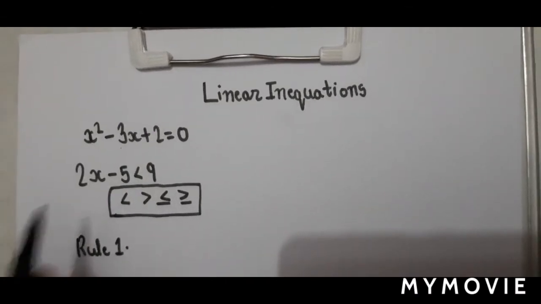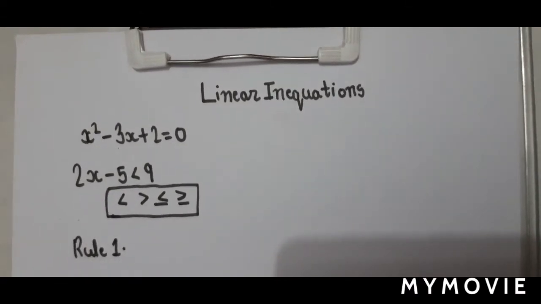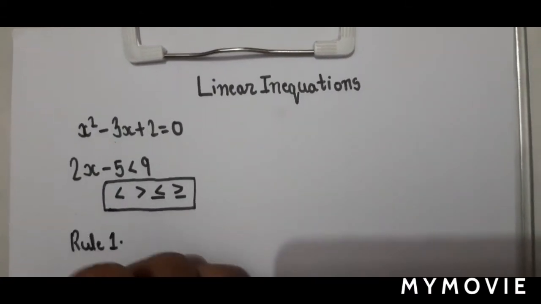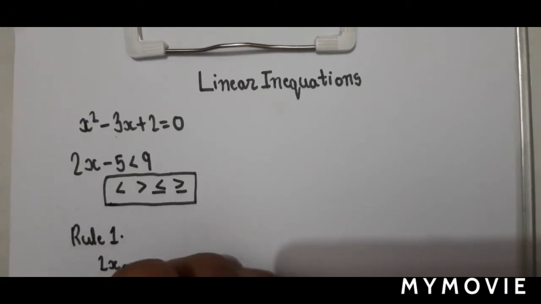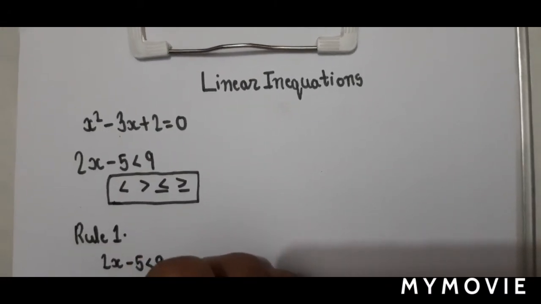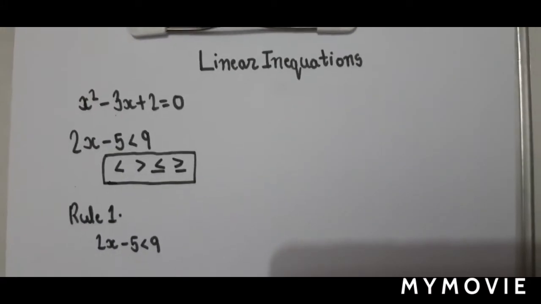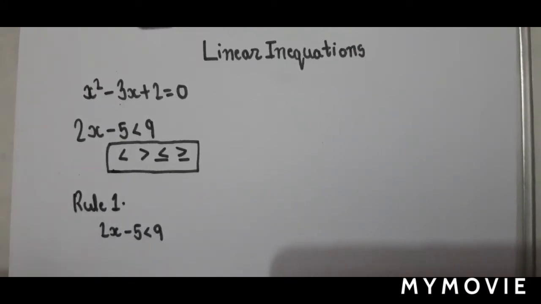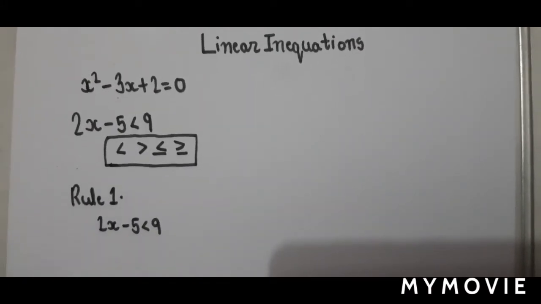On transferring a positive term from one side to another, there will be no change in the sign. See here, let's take this example only. When we add or subtract any number on both sides, there will be no change in the sign.